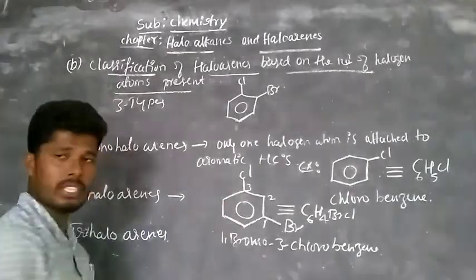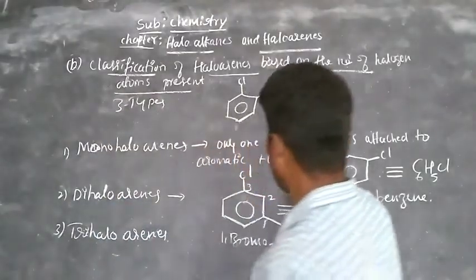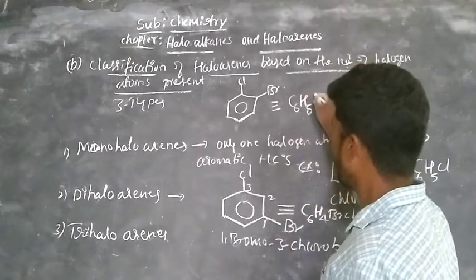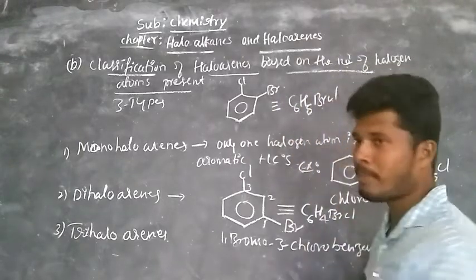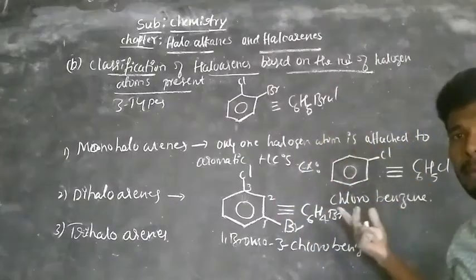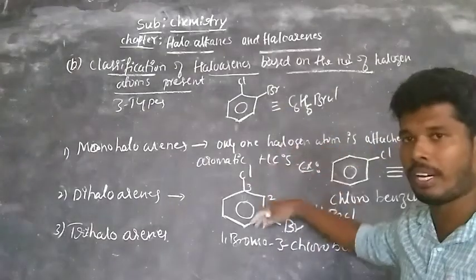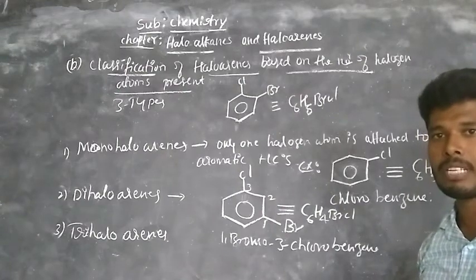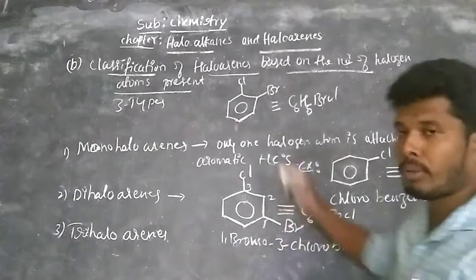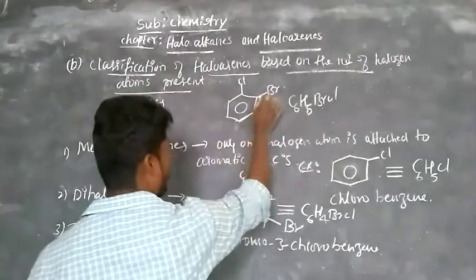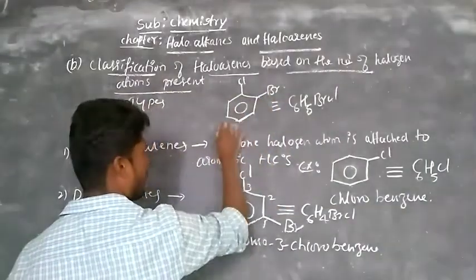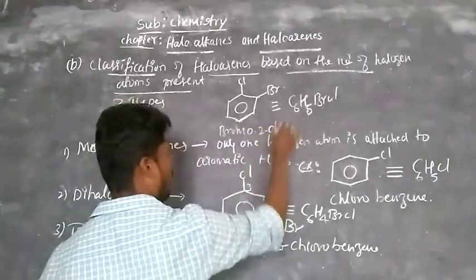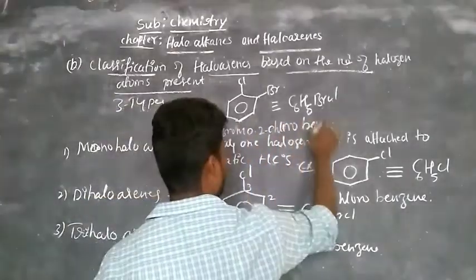Its molecular formula is C6H4BrCl. Observe that these two have the same molecular formula but different structures, so these are the best examples of structural isomers. Its name is bromochlorobenzene, that is 1-bromo-2-chlorobenzene.